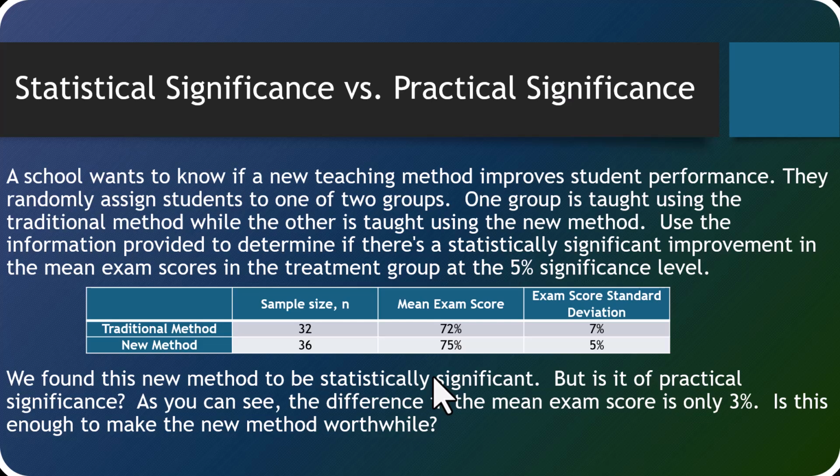You can't just zoom in and say, hey, it's statistically significant and walk away. You have to think about the environment and all of the other factors that are going to go into making this decision. Just because something has statistical significance doesn't mean it's also practically significant. That doesn't necessarily mean that something should be adopted or used.